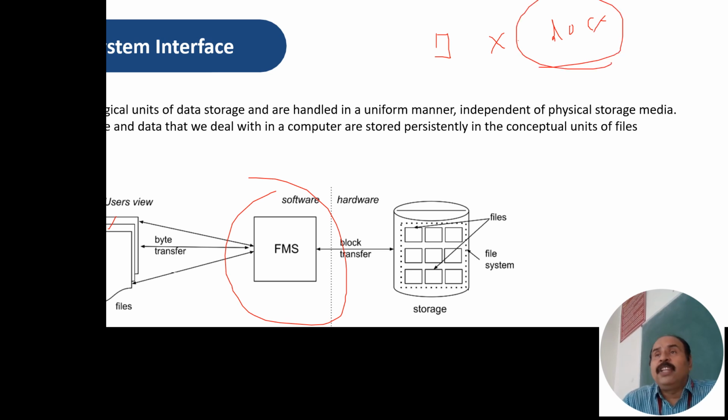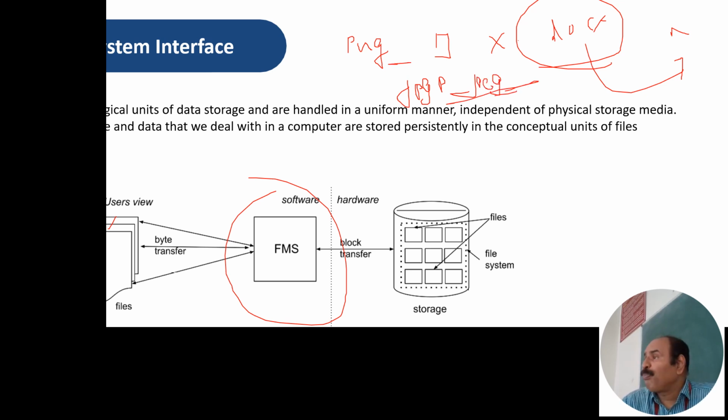This docx indicates that this is a Word file, and it can be accessed by software like MS Word. Similarly, we have PNG files and JPG files, JPEG. These are all called image files. The audio files and video files are called multimedia files. These are the different types of files we have.